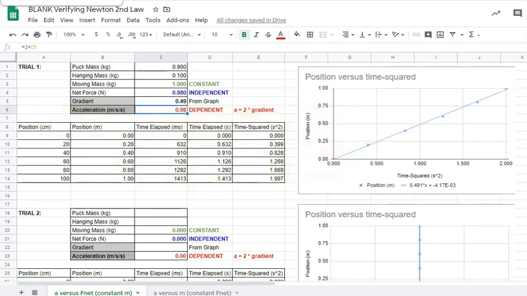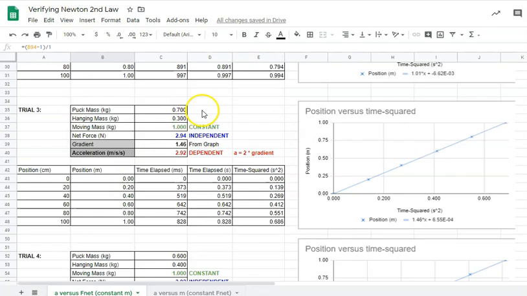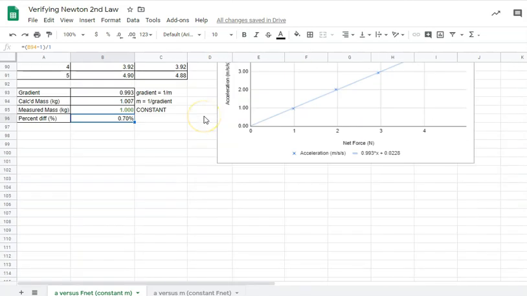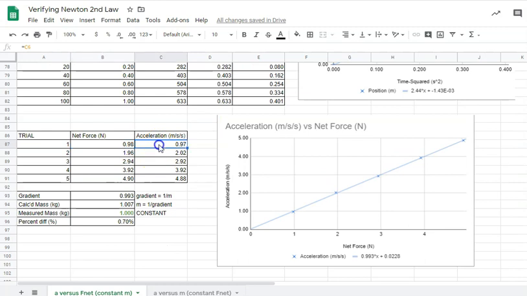Then if I go back to this completed one, that's got all the completed data. We've got the gradient, so then you just need to type the gradient into the blank here. This will automatically put in the calculated mass, the one that we've measured initially.